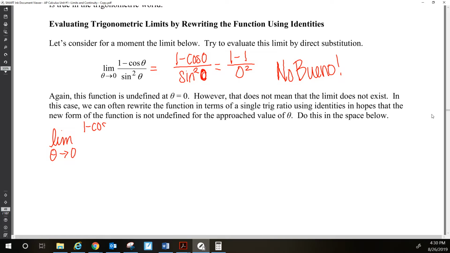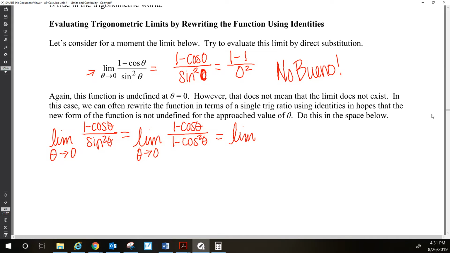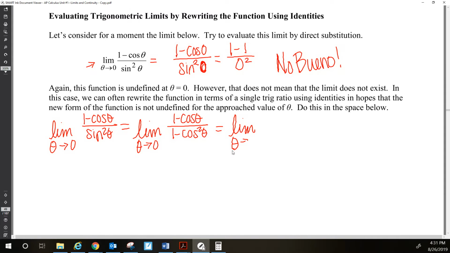So here we go. If this is my original problem, I'm going to rewrite sine squared theta using my identity. Sine squared theta is the same thing as 1 minus cosine squared theta. And now I've got a difference of squares. So this is the same thing as the limit as theta goes to 0 of 1 minus cosine theta on top.